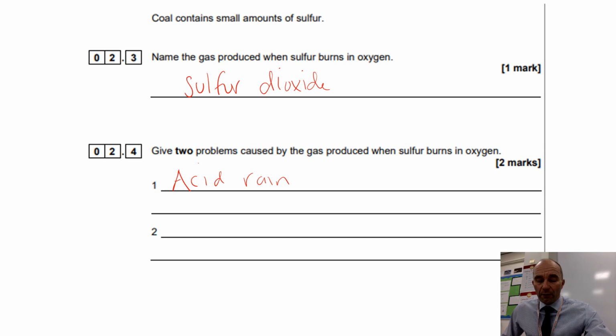You've got acid rain there, but you've also got respiratory problems, or basic breathing problems. So it's a very unpleasant gas to breathe in. If you've got things like asthma, it's particularly dangerous for you.